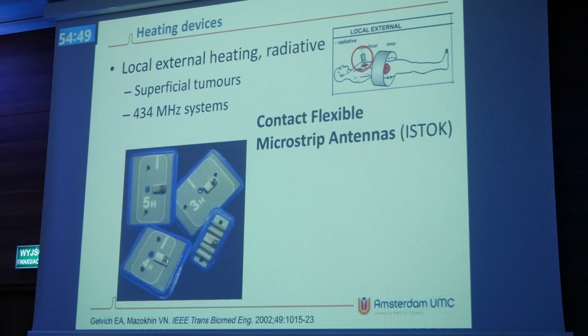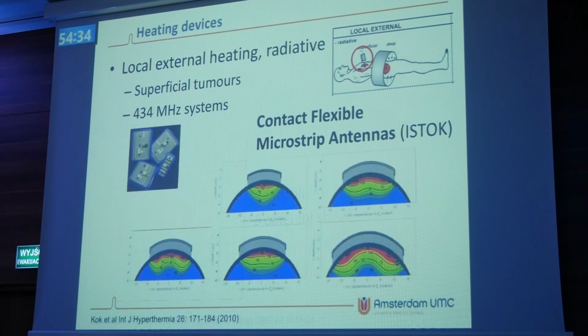You can also use contact flexible microstrip applicators. These were developed during the 1990s. The advantage of these is that they are bendable and they come in different sizes. And this is what the different heating patterns look like.